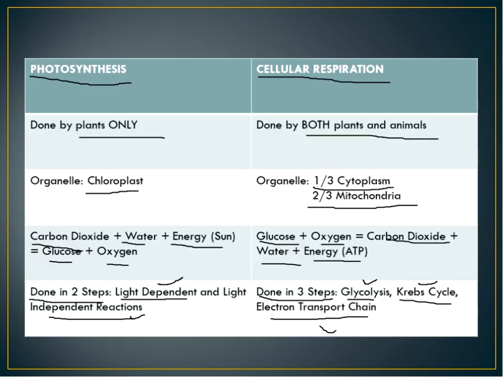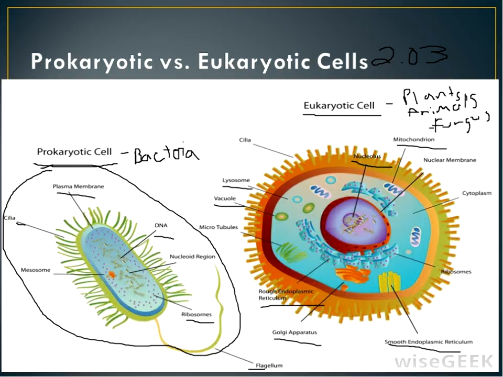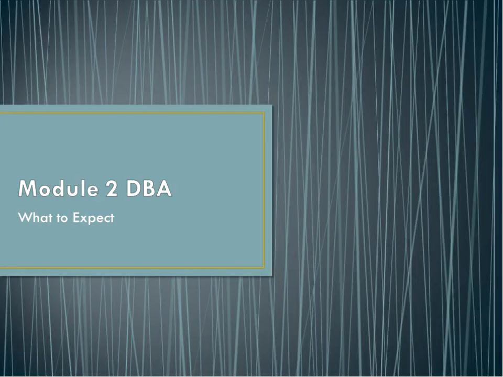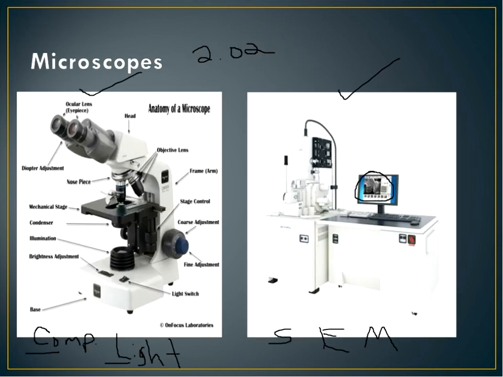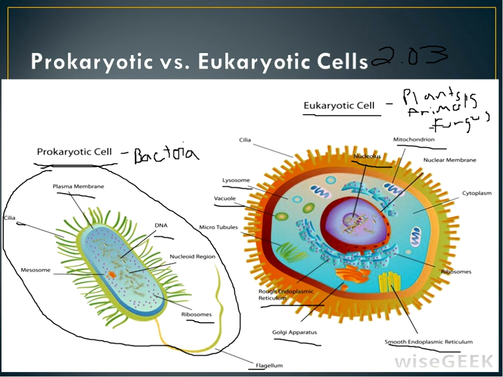And that's it, guys, for the whole biology thing. So just make sure, going back, know the properties of water, be able to explain at least 2 of them. Know the microscopes, the difference between them, like the questions that I asked you. Know the difference between prokaryotic and eukaryotic cells.